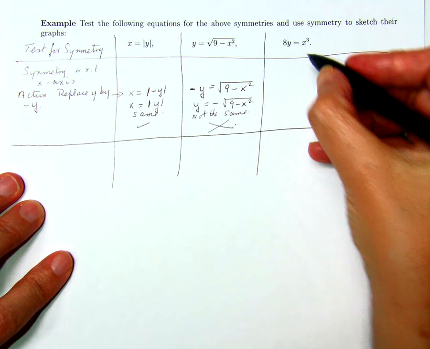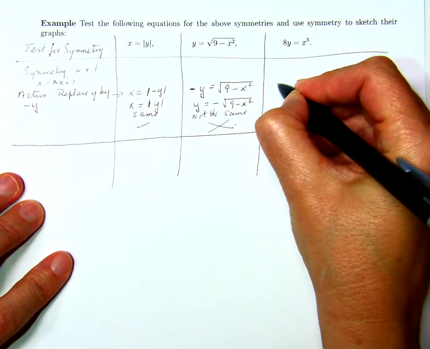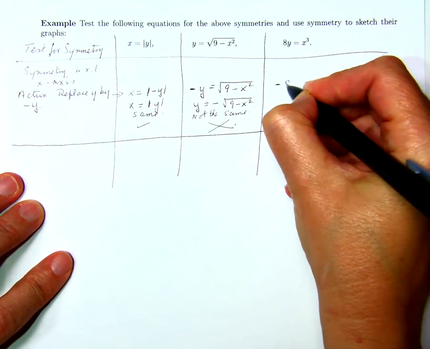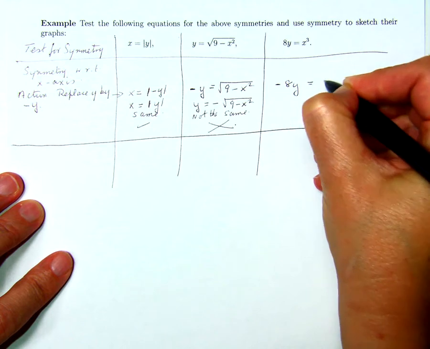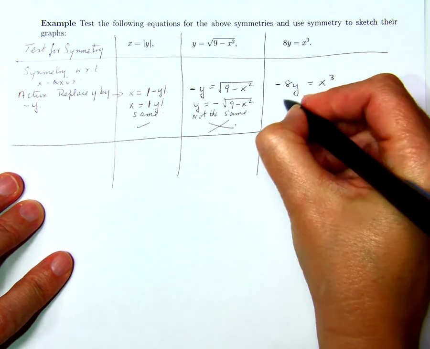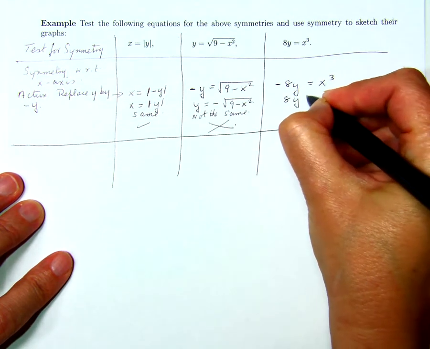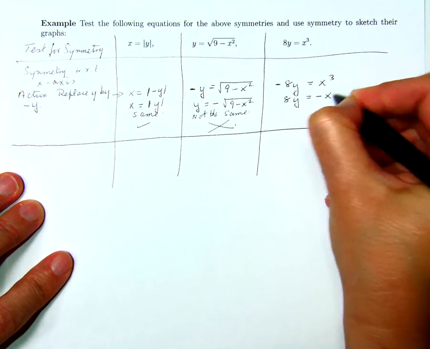What about this equation? When I replace y by negative y, I get minus 8y equals x cubed. Again, I have the same thing. This equation is the same as saying 8y equals negative x cubed.